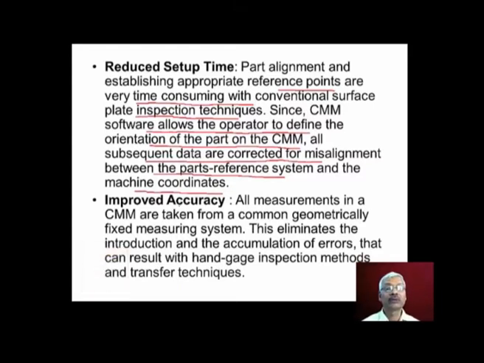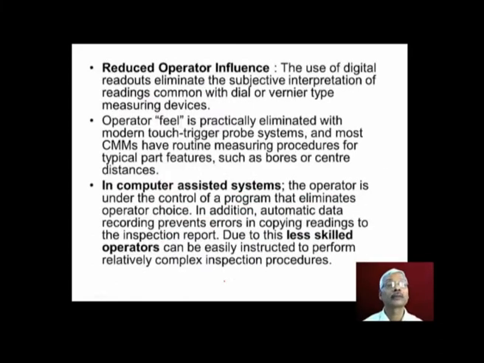And we can achieve improved accuracy. All measurements in a CMM are taken from a common geometrically fixed measuring system. So this eliminates the introduction and accumulation of errors that can result with hand gauge inspection methods and transfer techniques. And there is reduced operator influence.